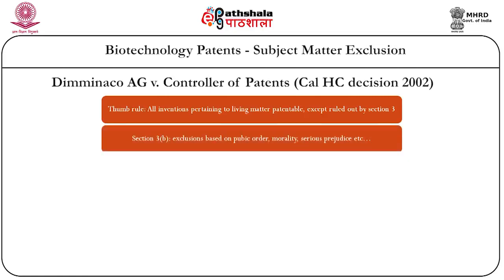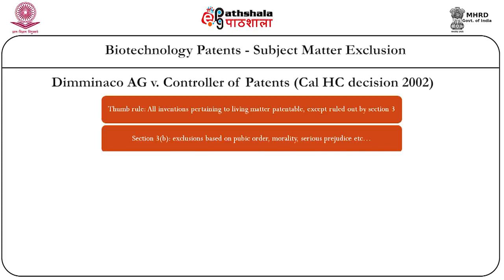Section 3(b) allows exclusion based on public order, morality, and which causes serious prejudice. Now, the test for public order or morality, or which causes serious prejudice to plant, animal life or human life, is not primarily relating to the invention being per se immoral, but the test is based on the commercial exploitation of such invention.